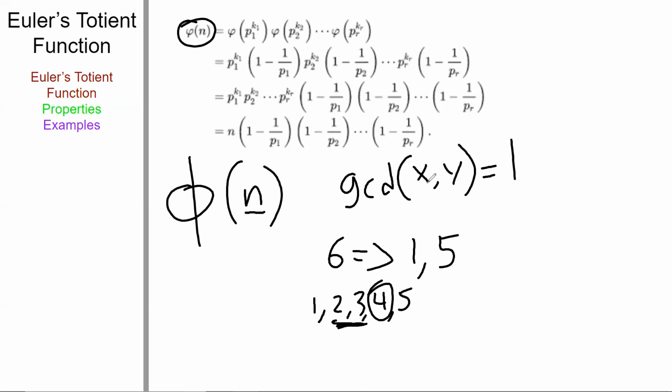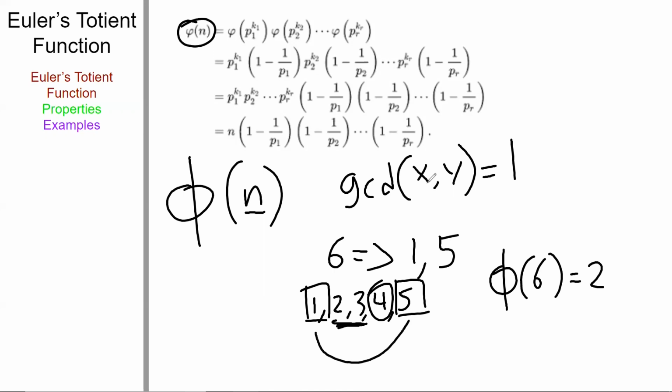So that leaves us with two numbers left over, 1 and 5. So therefore we would write that phi of 6 is equal to 2 because there's two numbers here.